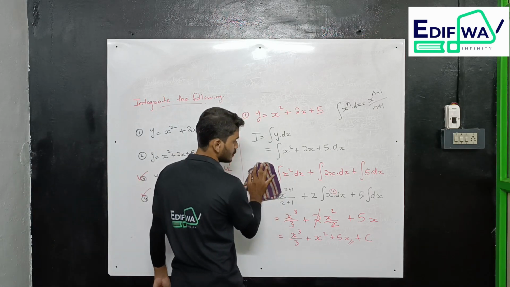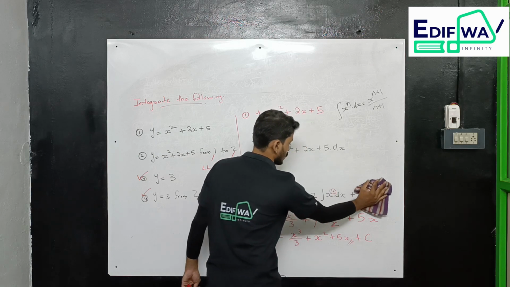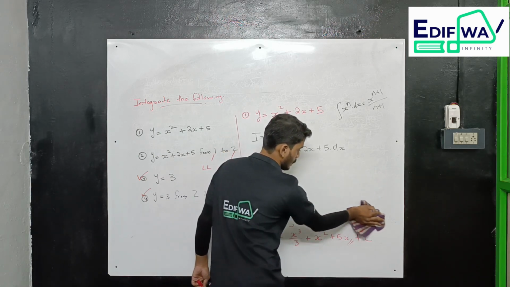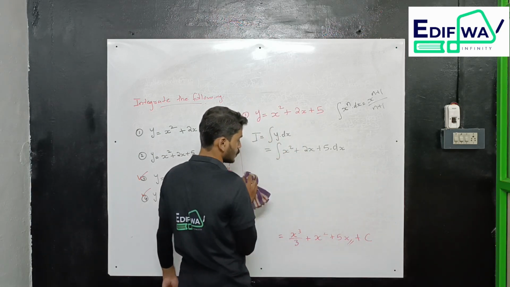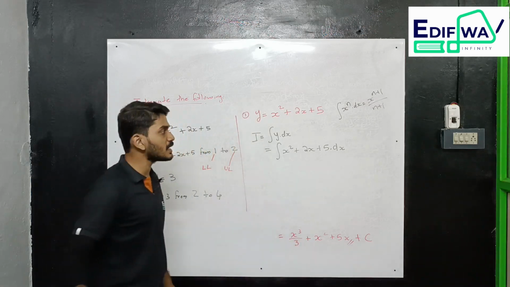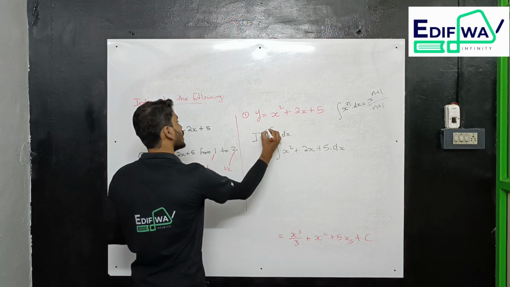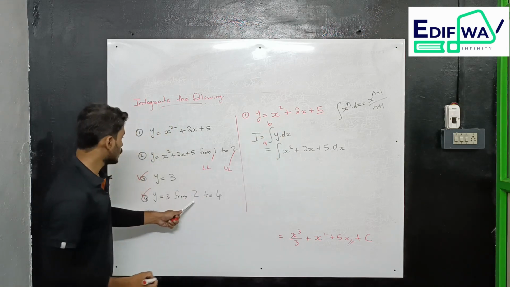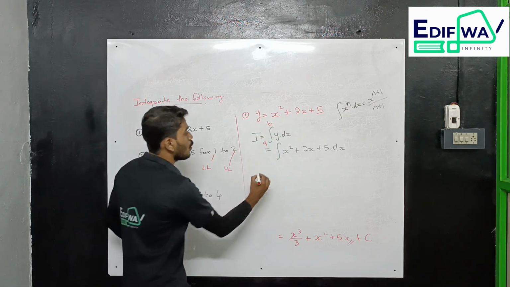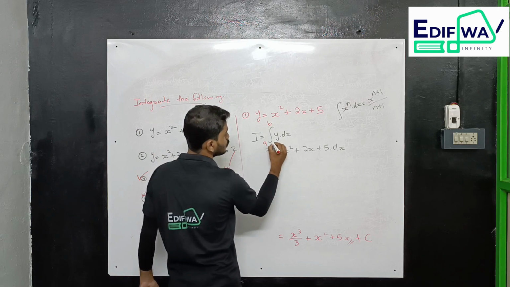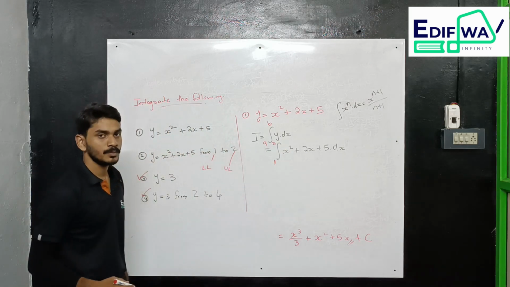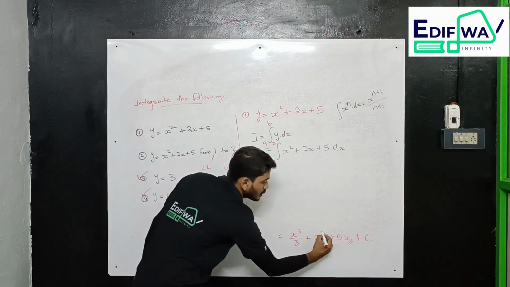I'll erase it. The difference is that it is A to B, that is 1 to 2.